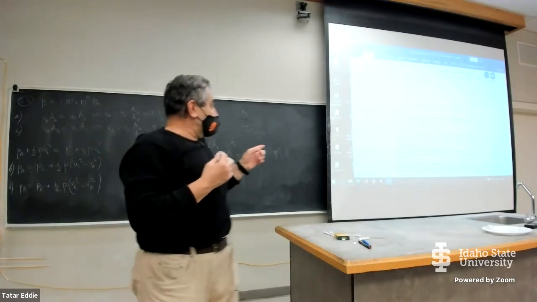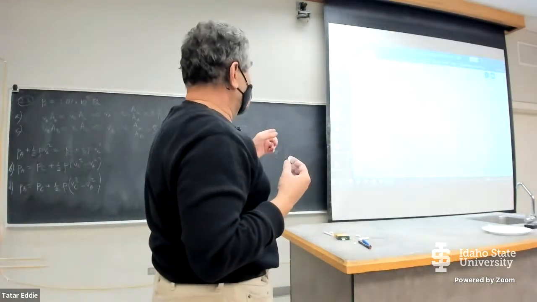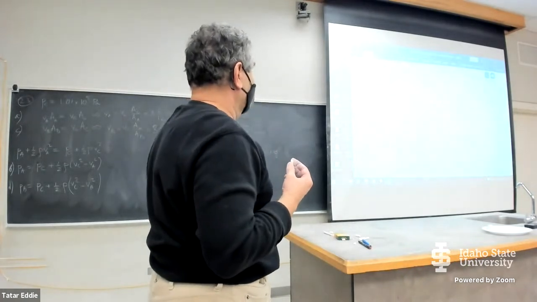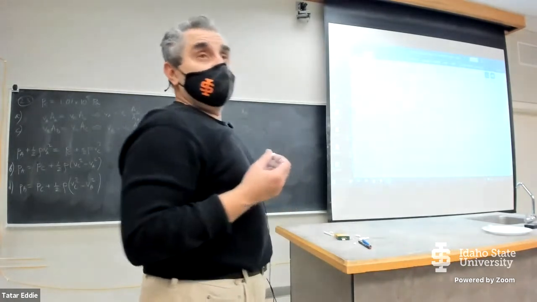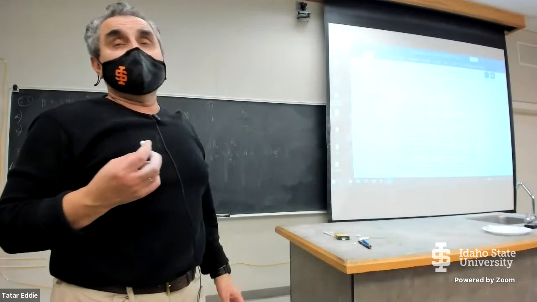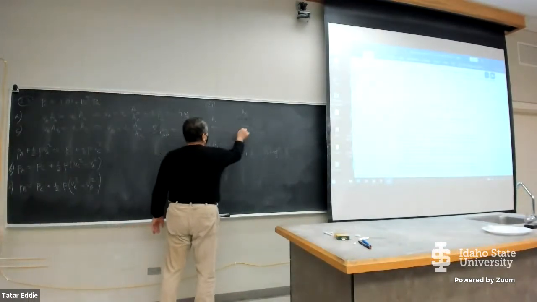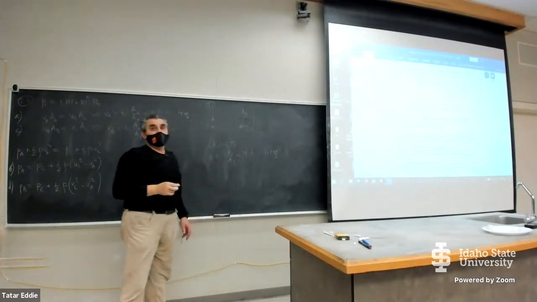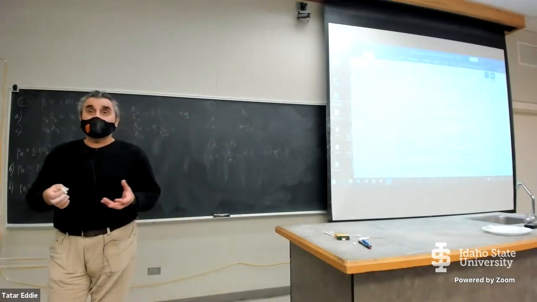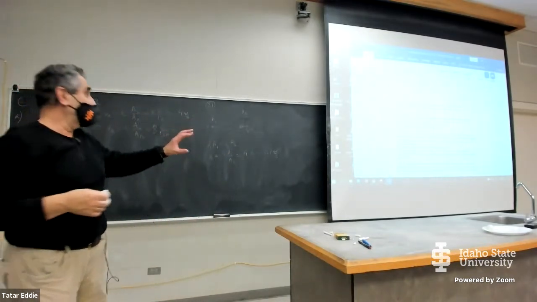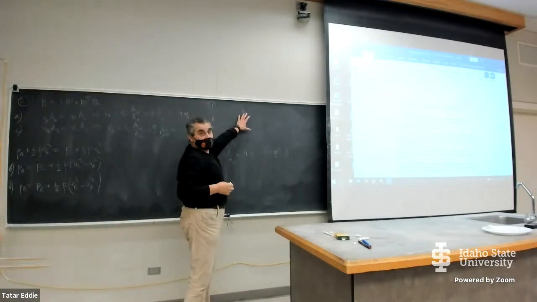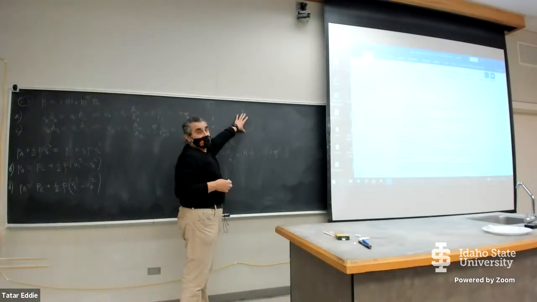But the surprising part is the next question. Where is the pressure higher, at point 1 or at point 2? And the answer is that the pressure is higher at the wide cross section.